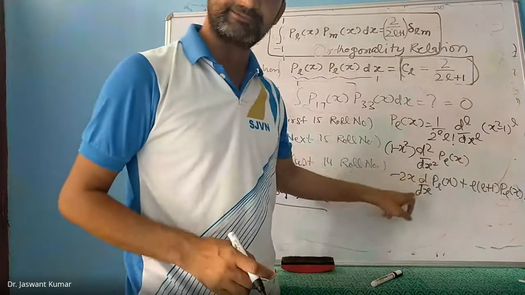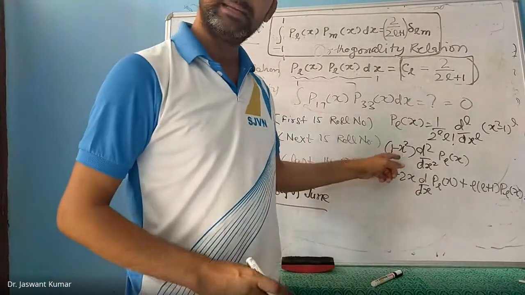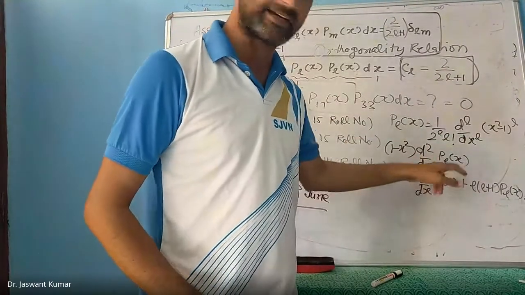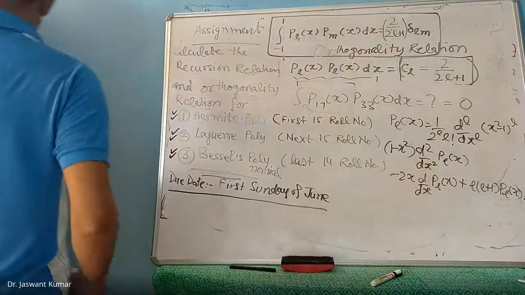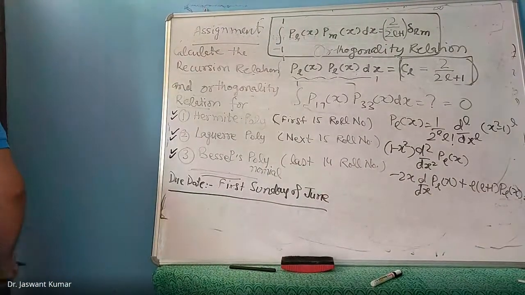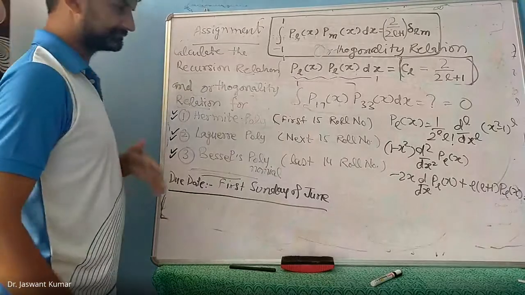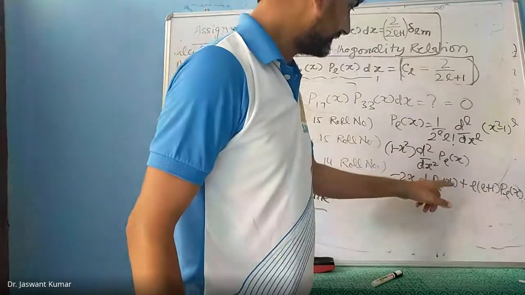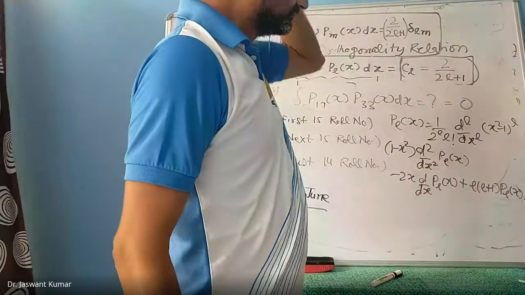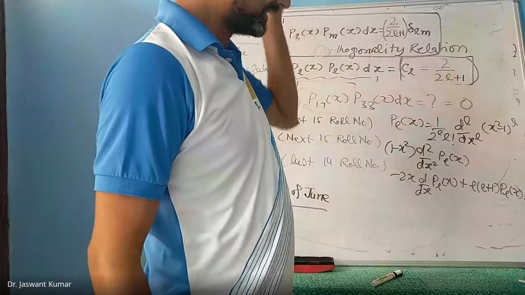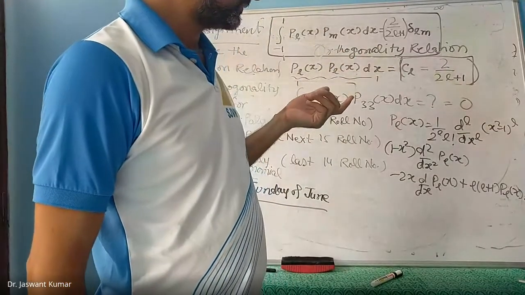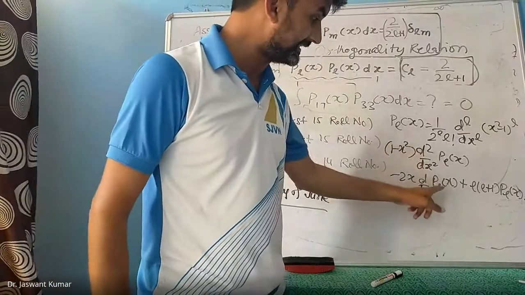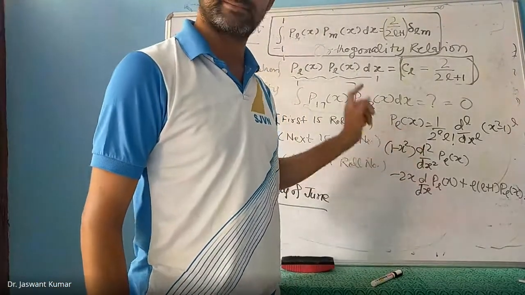So if this was the differential equation, then by the power series method we had seen that this P_L of x has to be written like this.